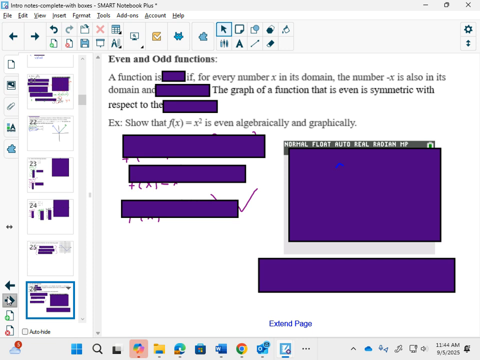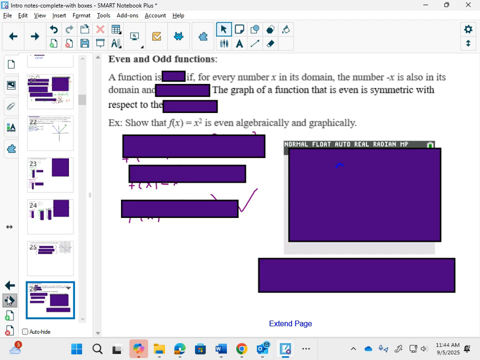Whenever you had y equals x and the exponent was even, like y equals x squared, y equals x^4, y equals x^6, those are all examples of, surprise, surprise, even functions. And every time that exponent was odd, y equals x cubed, x^5, x^7, surprise, surprise, those are all examples of odd functions.